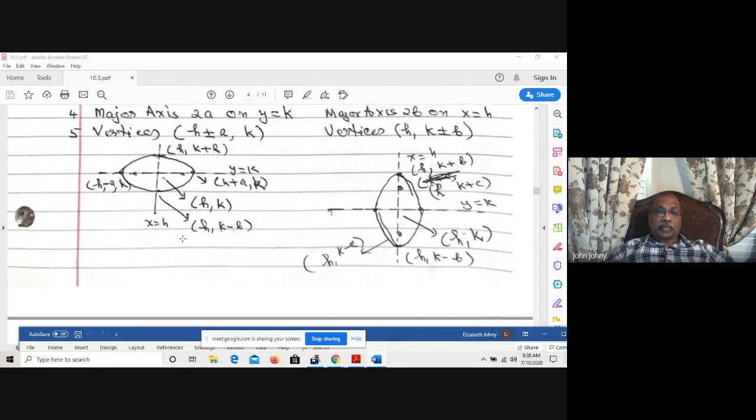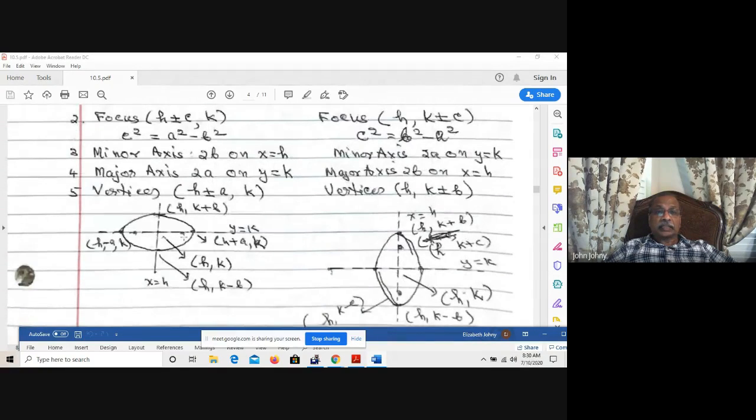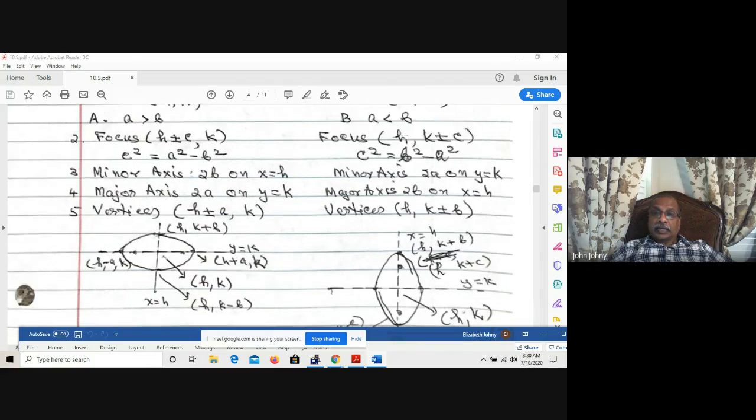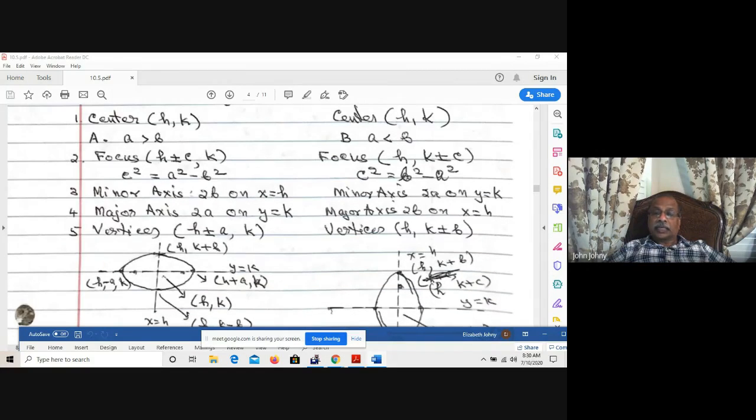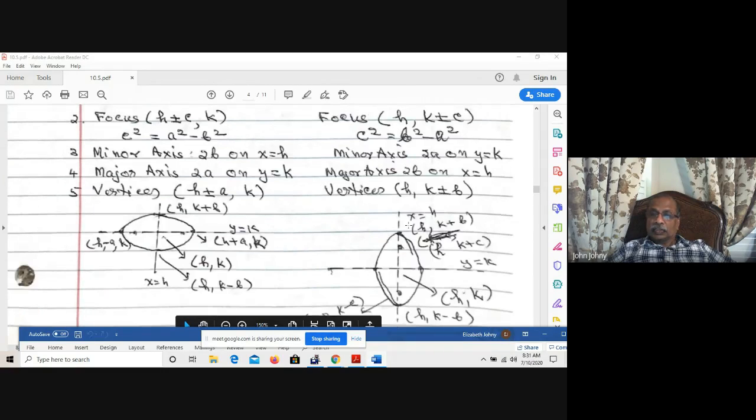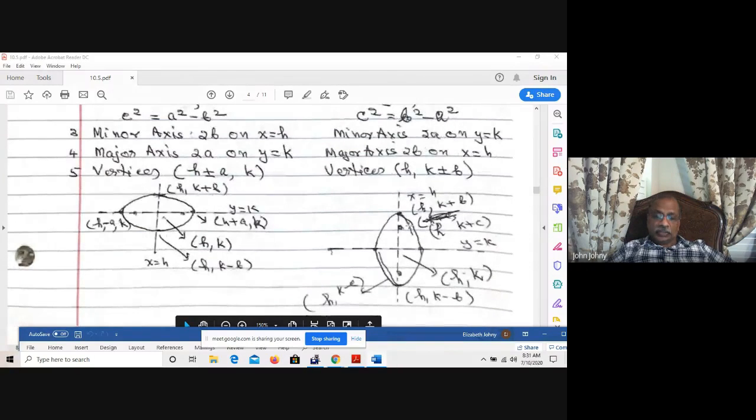I forgot to write the focus there. It is here, h plus or minus c, k. So this is stretched horizontally, and the second case is b is greater than a, or a is less than b. The only difference is it is stretched vertically, that is, the major axis is on the line x is equal to h.